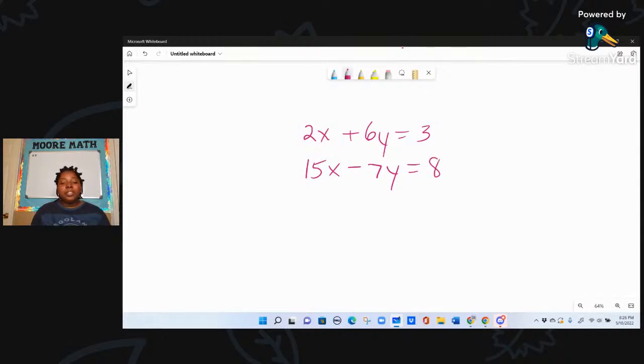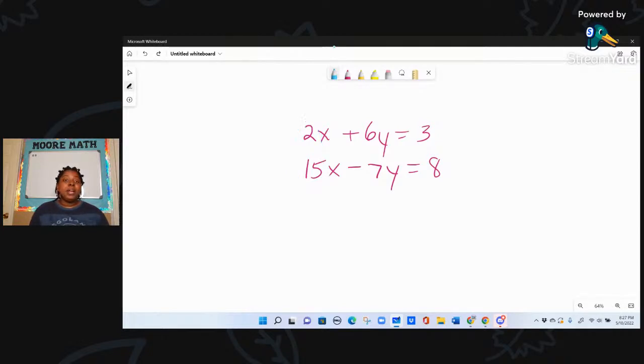When you're looking at it, you're like, oh my gosh, 2 is an even number, 15 is an odd number, 6 and 7. A number doesn't jump out at you right away, but with 2 and 15, you can multiply them by each other. 15 times 2 is 30.